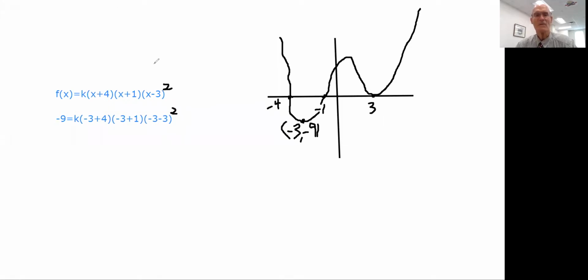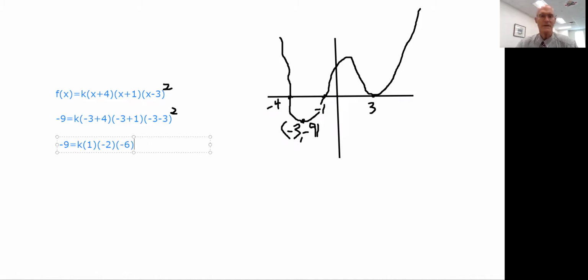Now if I work this out, I've got -9 equals k, and I've got 1, because -3 plus 4 is 1, and then -3 plus 1 is -2, and then -3 minus 3 is -6, and -6 squared.